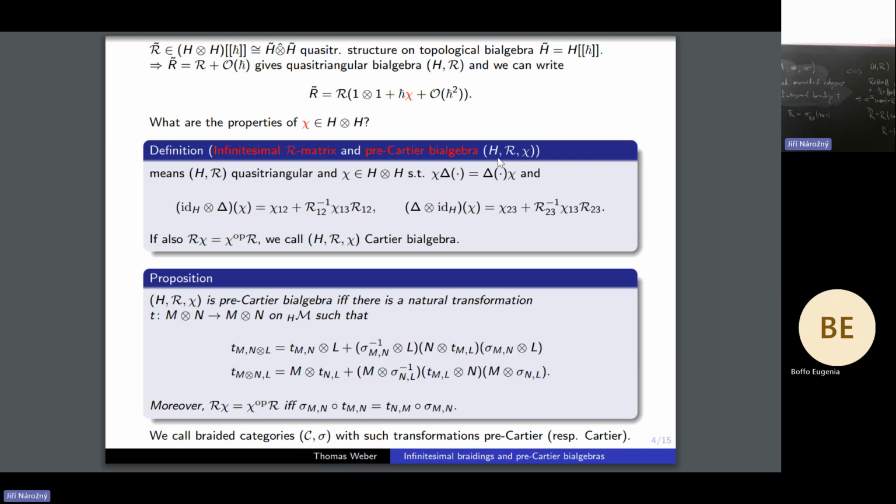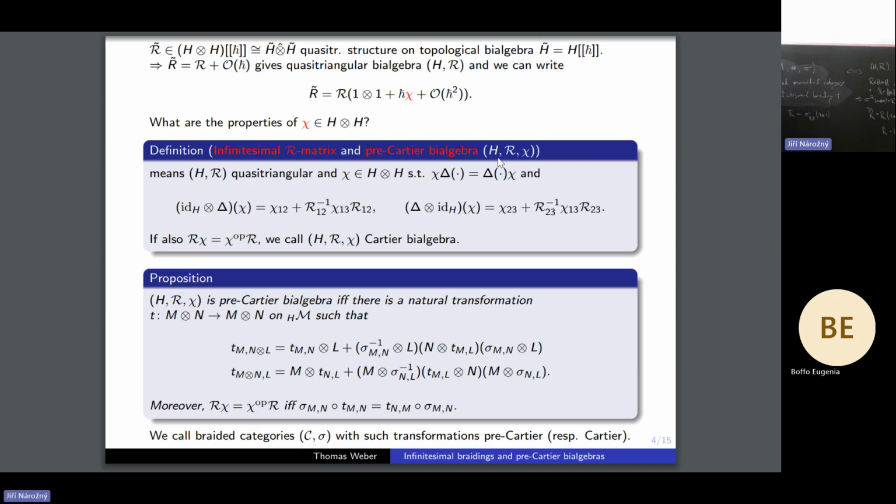And so this gives you something that's called a topological bialgebra. And let's say that you have an R matrix, R tilde, on this H tilde. What you can do is you can look at R tilde in zeroth order of H bar, and you can show that what you get there, this we call R, is automatically a quasi-triangular structure for H. So since this is automatically an invertible element, you can factorize R out and expand R tilde in this way.